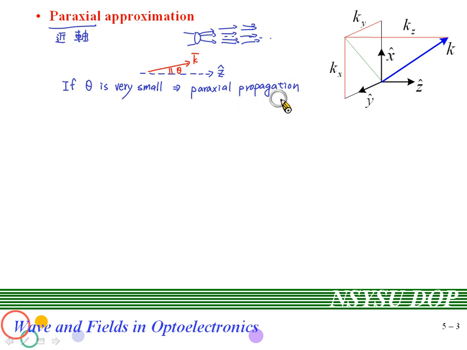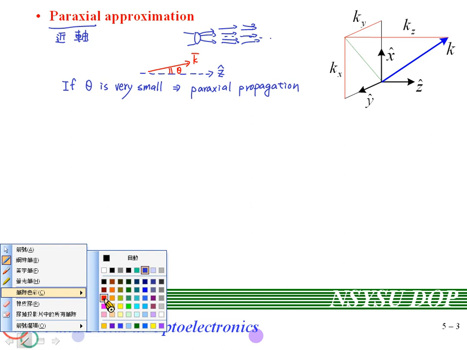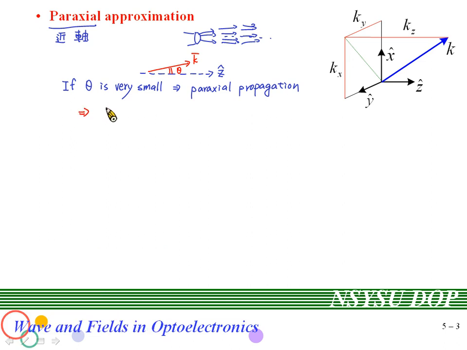For such paraxial propagation, you can assume that because the k vector is very close to the z-axis, the z component of k will be very large compared to kx and ky. So we can say kz will almost equal k, and kx and ky will be relatively very small, much smaller than k.